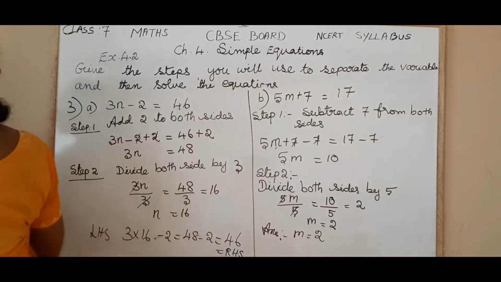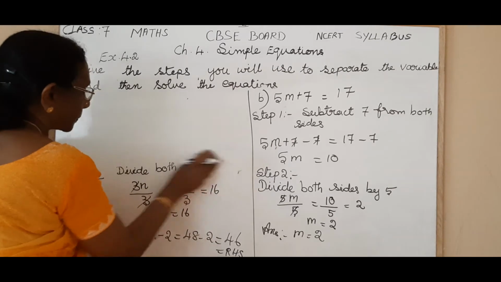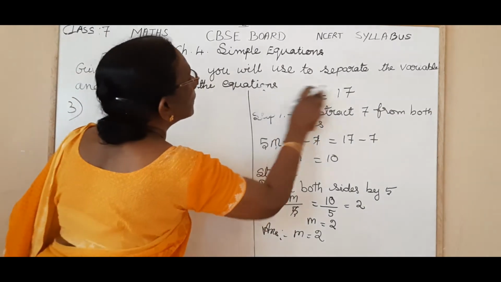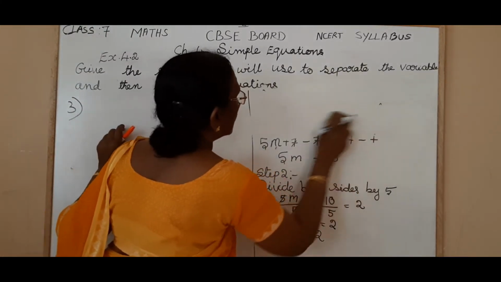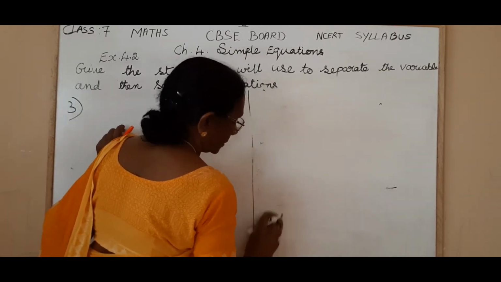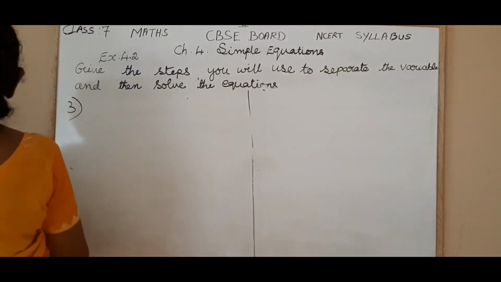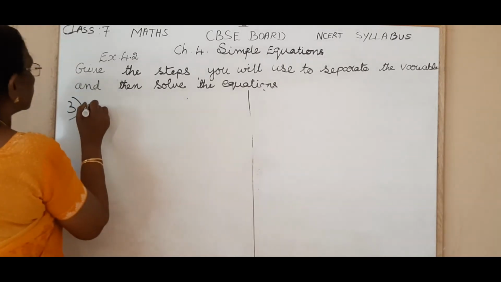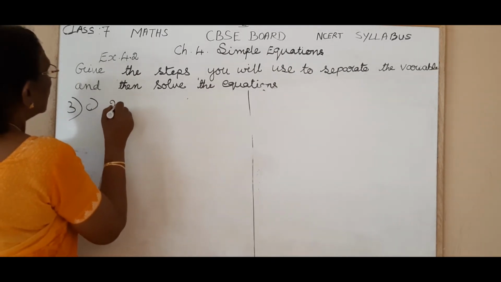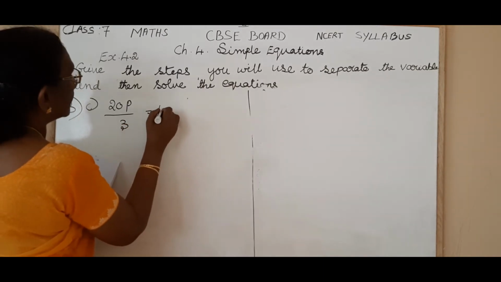Now sum number C. 20p by 3 is equal to 40.